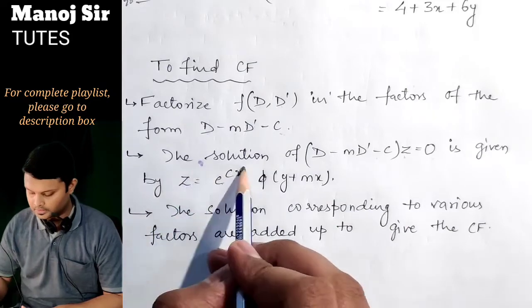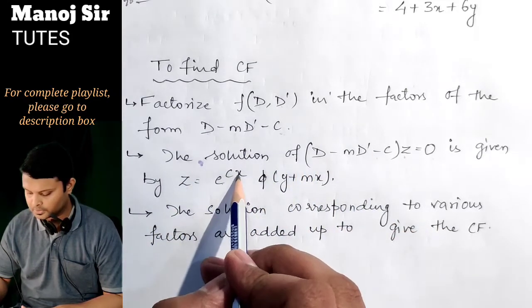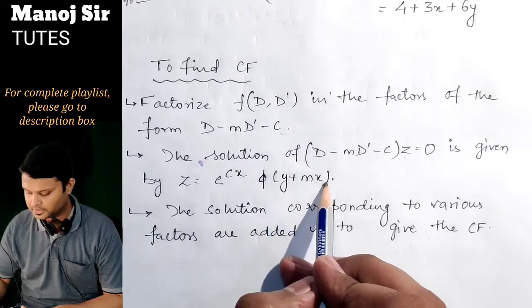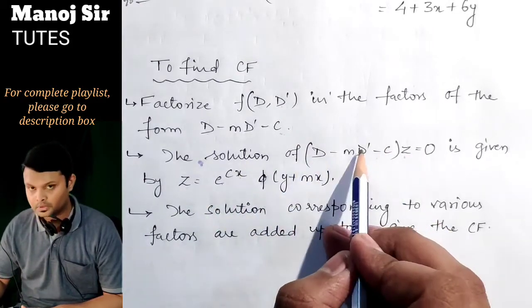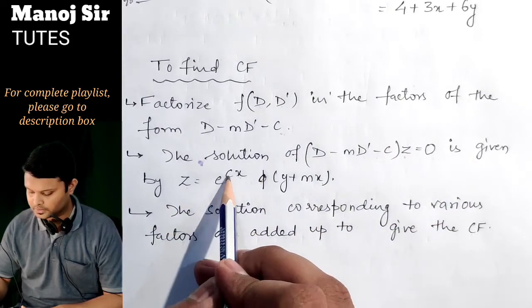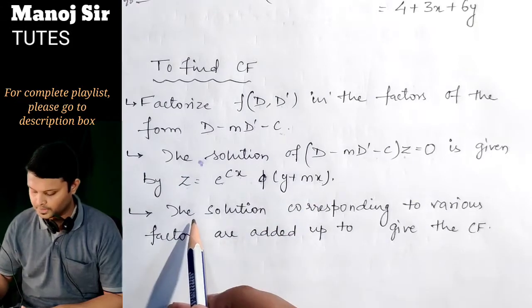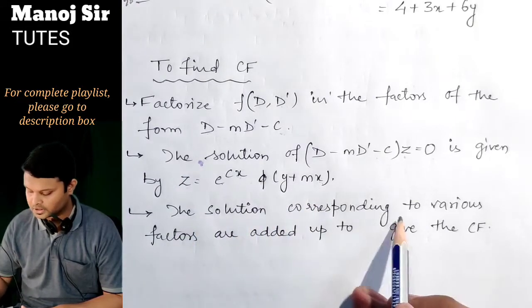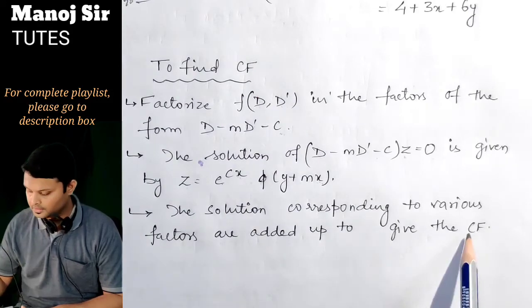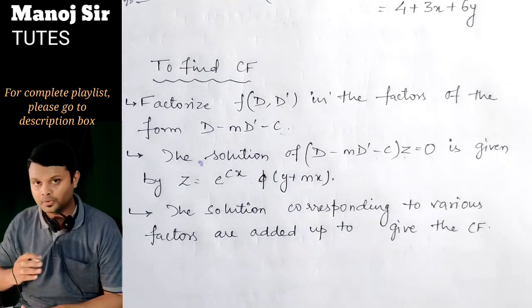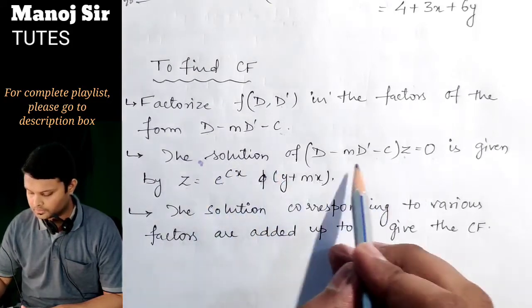The solution of the first factor is given by z equals e to power cx into phi of y plus mx. Similarly, for the second factor also, the solution is given by z equals e to power cx into phi of y plus mx. Then the solutions corresponding to the various factors are added up to give the final complementary function. If you want to find the complementary function, then we need to add all the solutions of the factors.